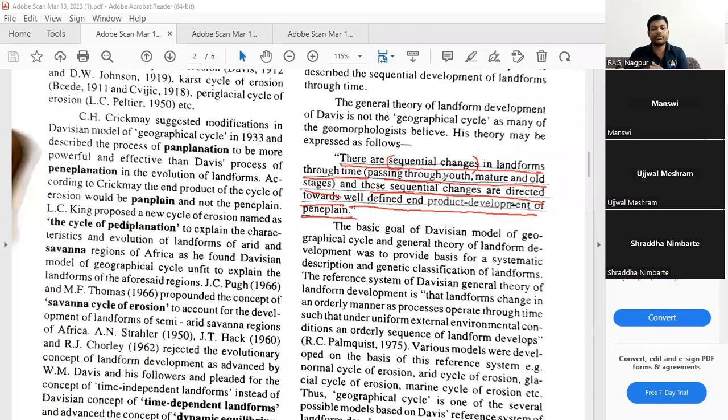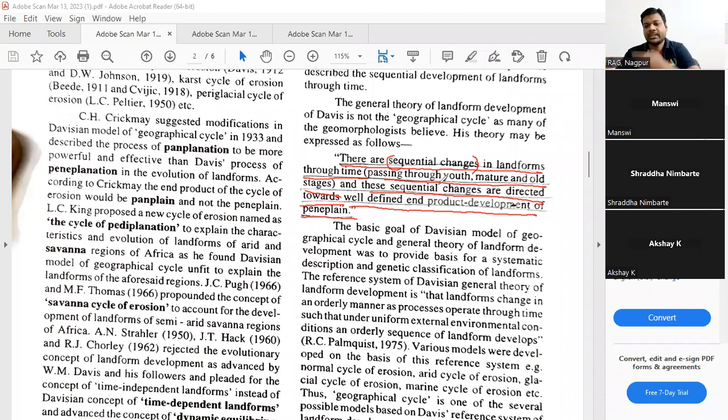It is just like human growth. When a kid gets born, it is a young infant, and as it grows, it enters youth, then adulthood, that is the mature stage, and then old life, which is the final stage of life, and then death.